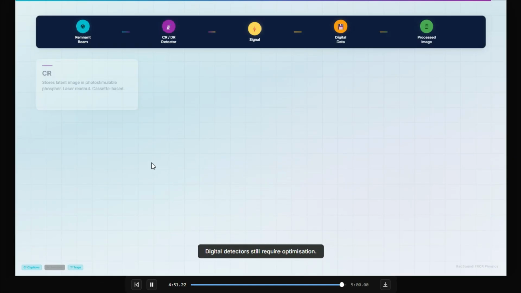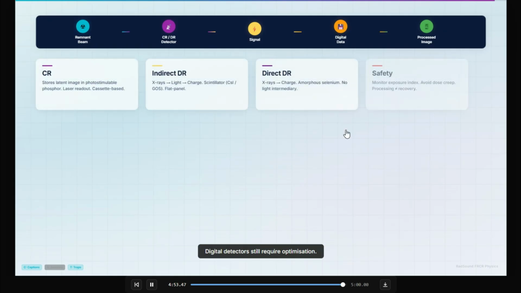Let us recap. The remnant image reaches the detector, converting the signal into the image, and then we have our detector types. CR stores the latent image in the PSP, which is read by laser and then erased using white light, and it is cassette based. Then we have DR, which divides into indirect and direct. Indirect must convert the X-ray first into light using scintillators.